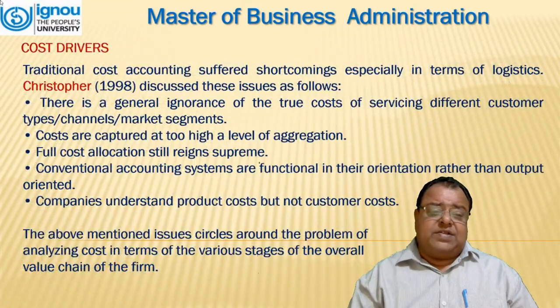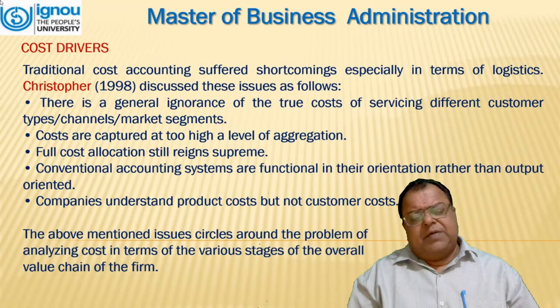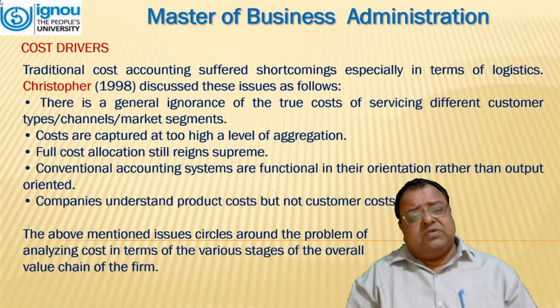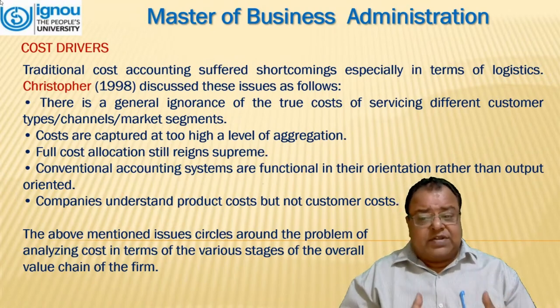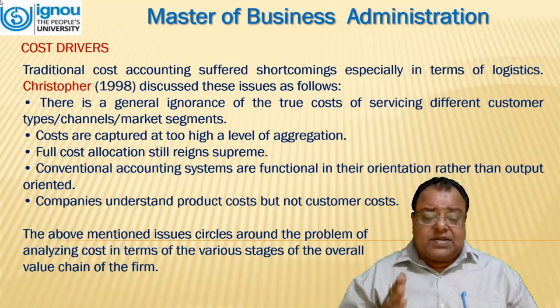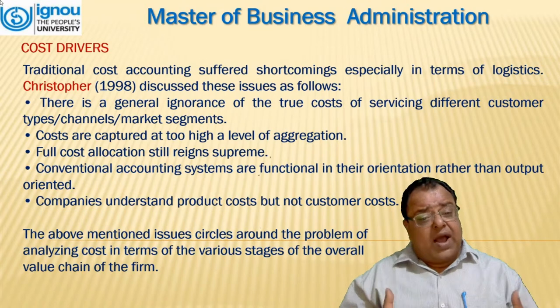Cost drivers. Traditional cost accounting suffered shortcomings, especially in terms of logistics. Christopher discussed these issues: there is a general ignorance of the true cost of servicing different customer types, channels, and market segments. Costs are captured at too high a level of aggregation.